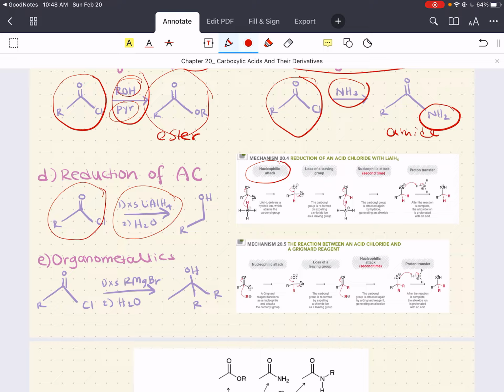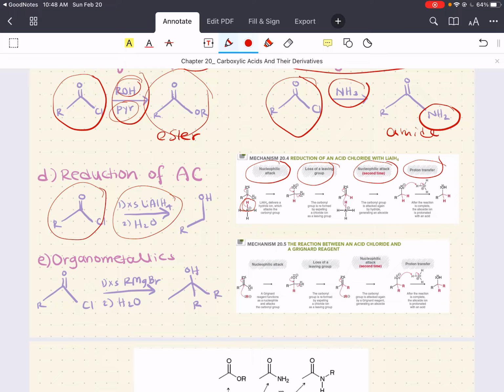You have your nucleophilic attack, followed by loss of a leaving group, and then another nucleophilic attack and a final proton transfer. Really, just make sure you know that lithium aluminum hydride is a really powerful reducing agent and will be used repeatedly for reducing carboxylic acids or aldehydes and ketones, as you have seen in previous chapters before.